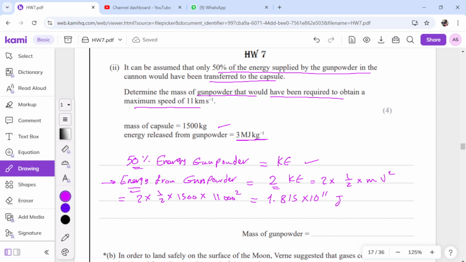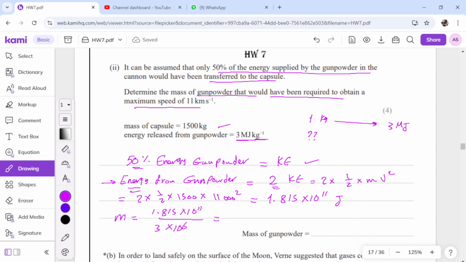If you want to find the mass, you have to divide the energy input 1.815 multiply 10 power 11 over the energy per unit mass, 3 mega, it means 3 multiply 10 power 6. It will give you the mass needed. For example, 1 kilogram will give us 3 megajoule.